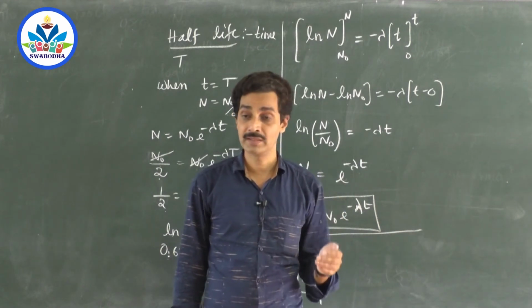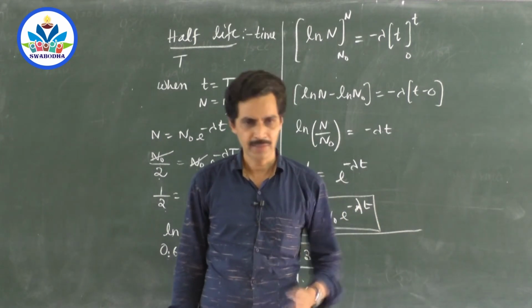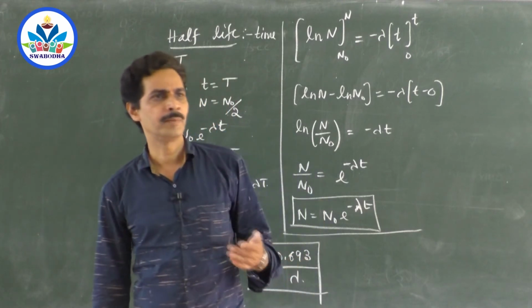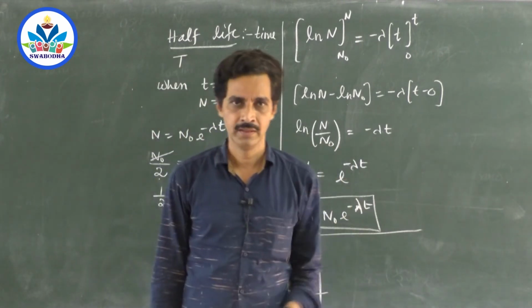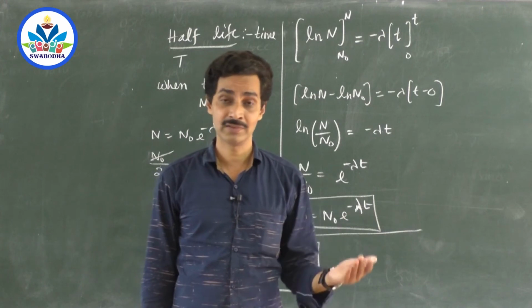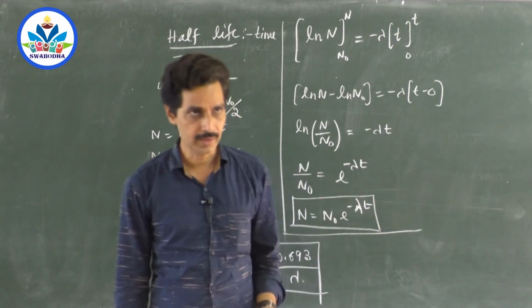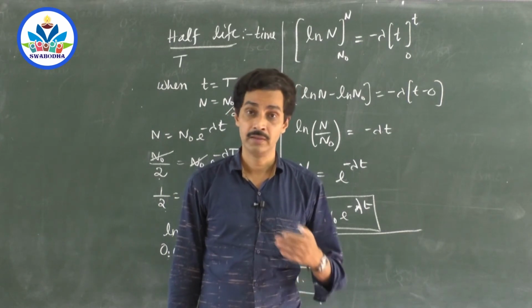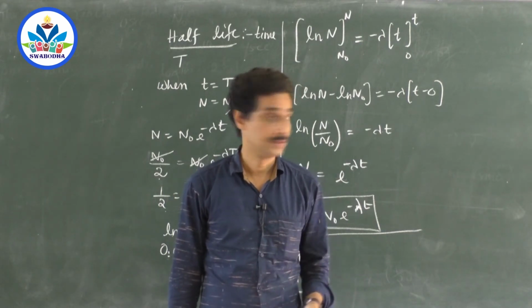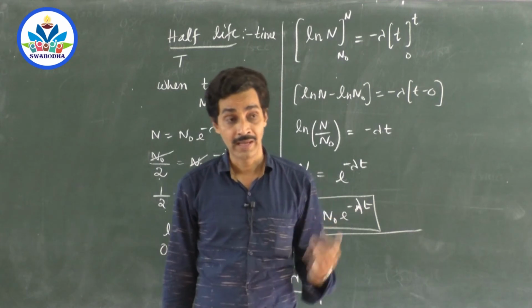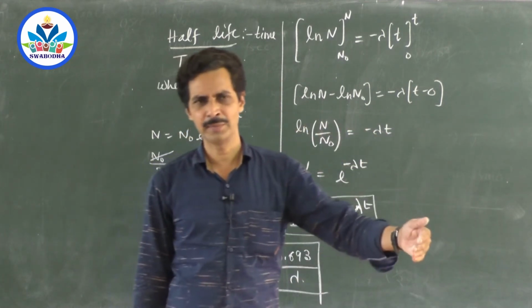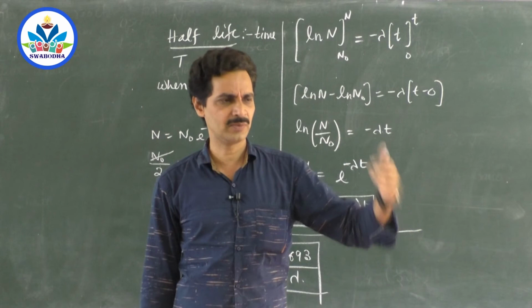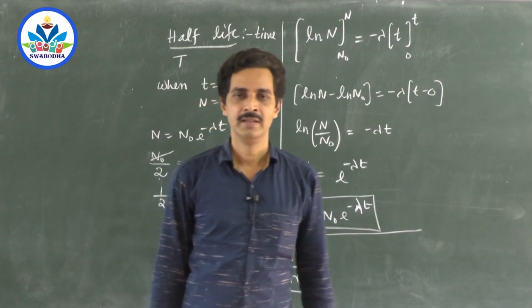But imagine a person who is just dead. Suppose a person has committed suicide. We come to know that he has committed suicide later. It may be after a few hours, it may be after a few days. And we want to know exactly at what time. Exactly does not mean at what second or minute.